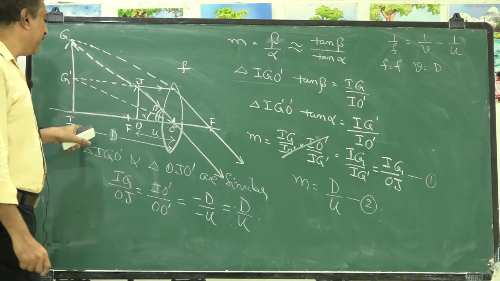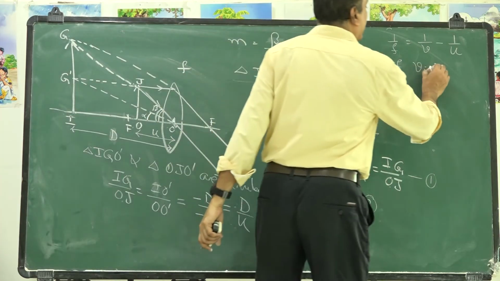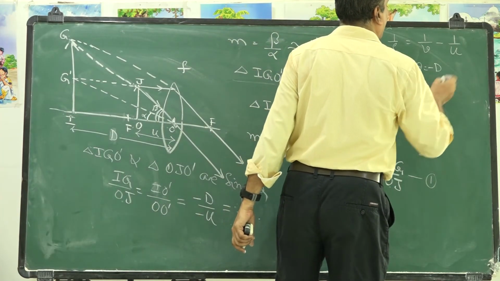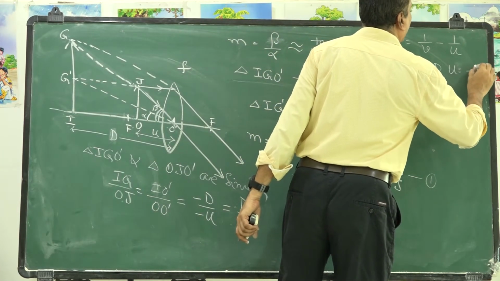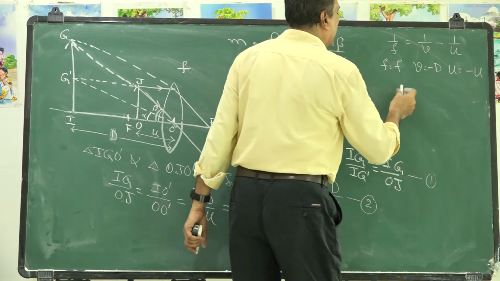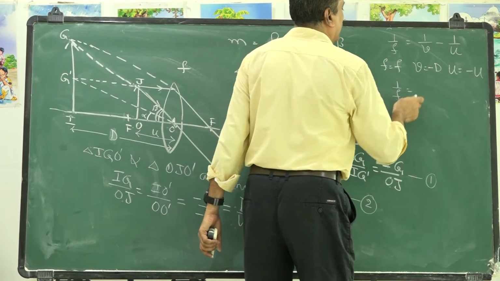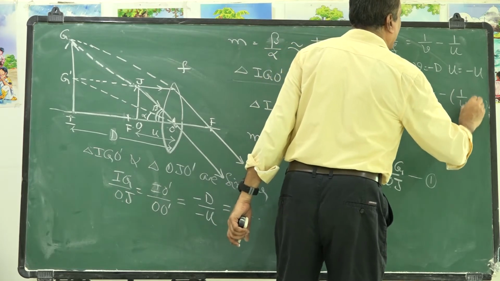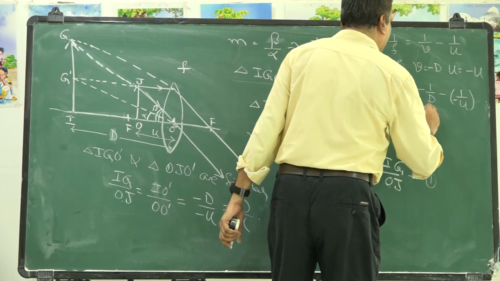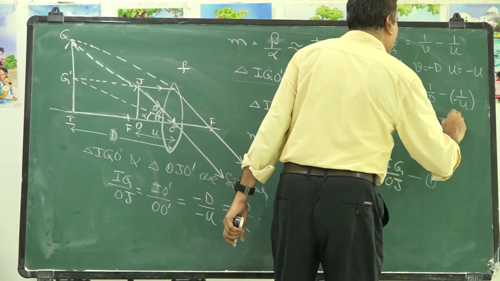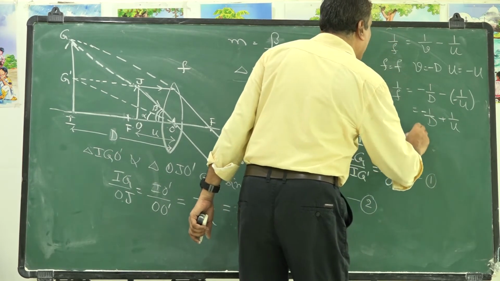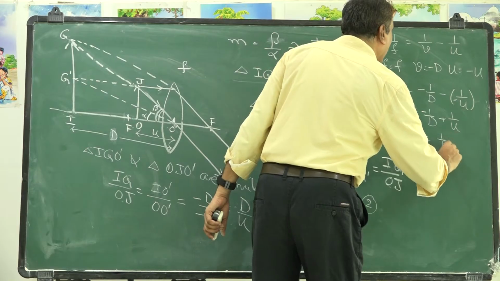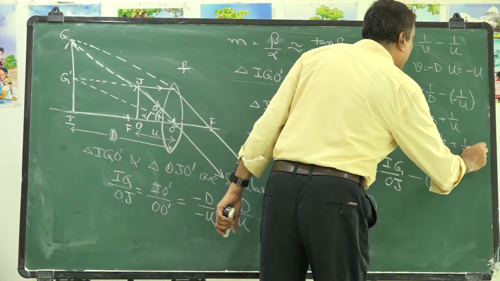So by sign convention, V is equal to minus D and U is equal to minus U. Now substituting this, 1 by F is equal to minus 1 by D minus of minus 1 by U. So that is minus 1 by D plus 1 by U, which implies 1 by U is equal to 1 by F plus 1 by D.